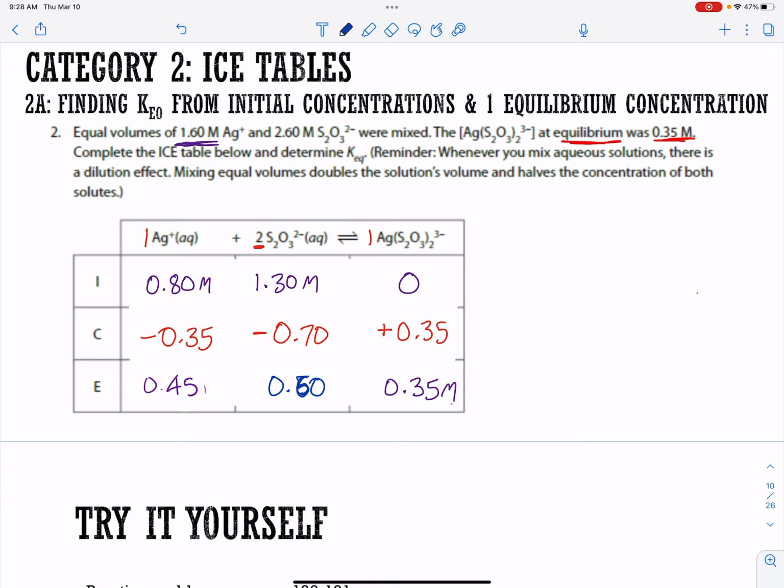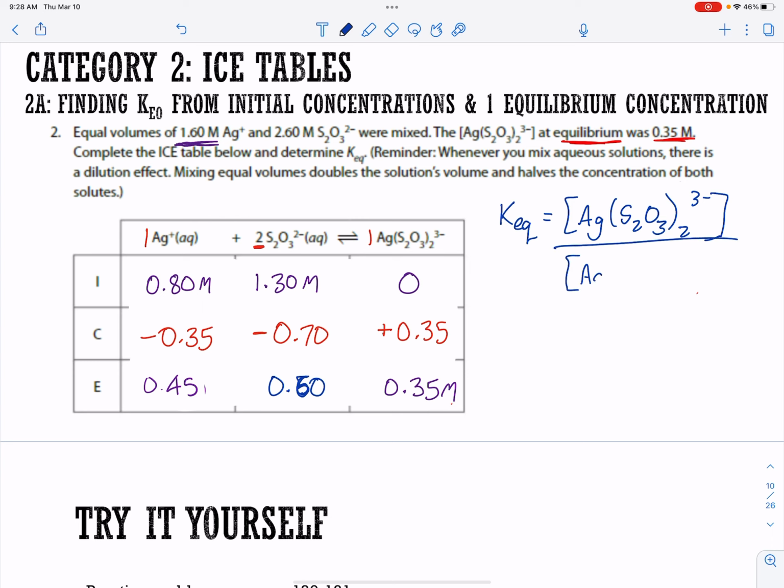And now we can go and calculate Keq. So we'll take our products over reactants. We'll substitute in all the values at equilibrium. So a reminder that it's only equilibrium values that go into this expression.